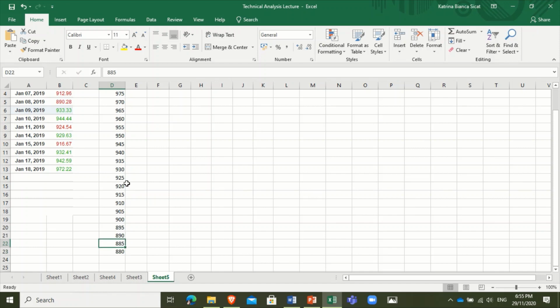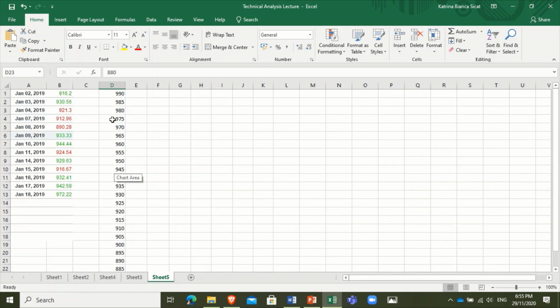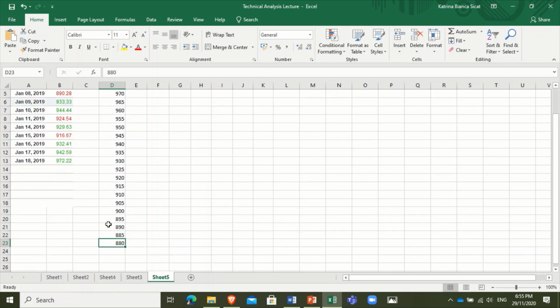So, literally, isipin natin, these are boxes. And for each box, meron siyang size. Okay? So, obviously, the interval of this is going to be our y-axis, ano?